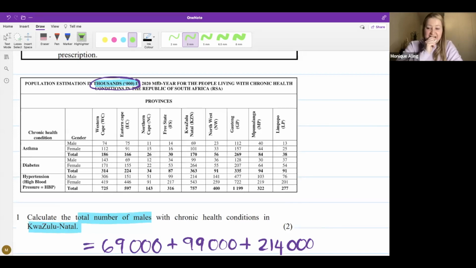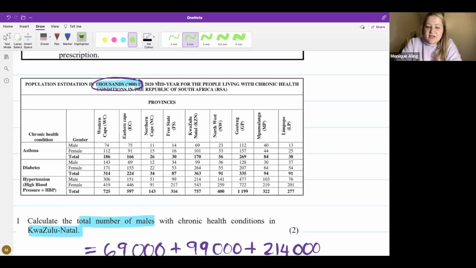Hi, ma'am. I got onto 72.70%. Okay, and how did you get that? What did you do? I took the diabetic female and I divided it by the total amount. Okay, but what was your total?